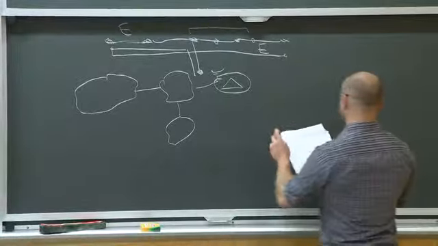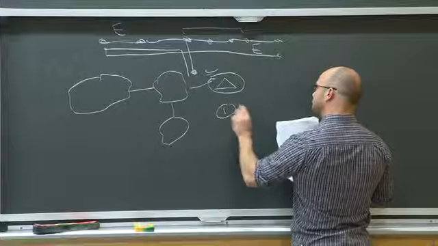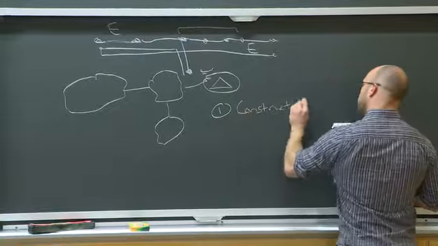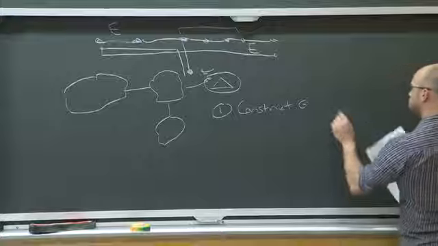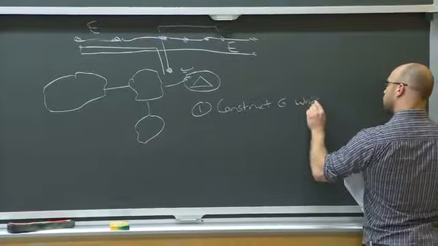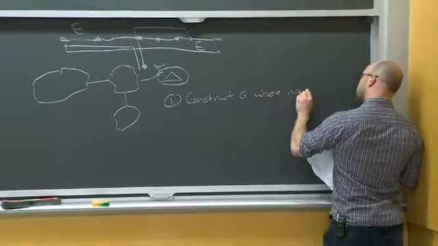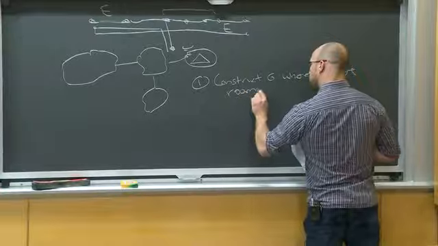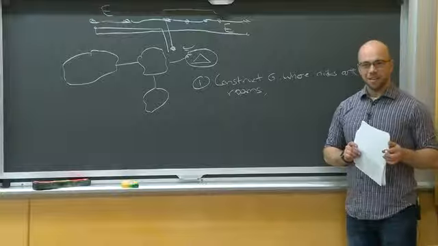So our first step is to construct a graph G where the nodes are the rooms. And what should the edges be?